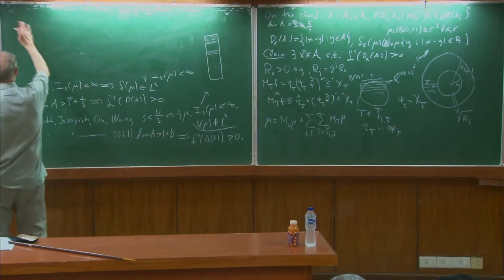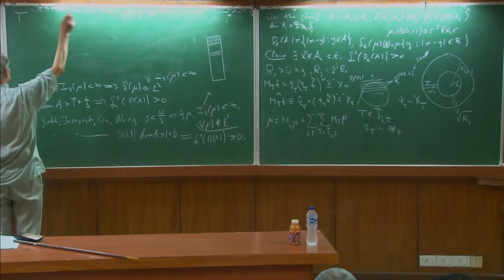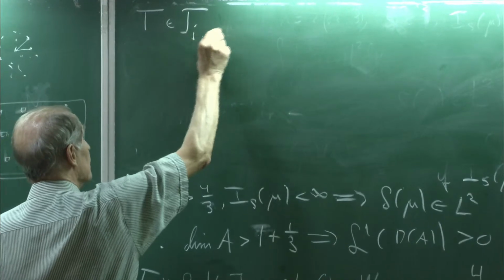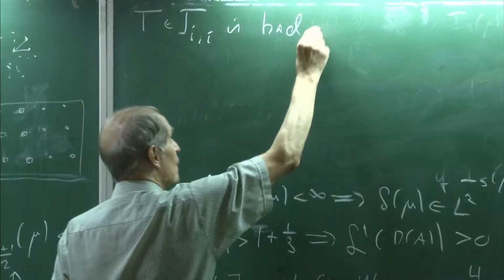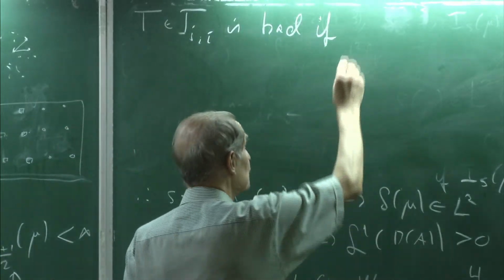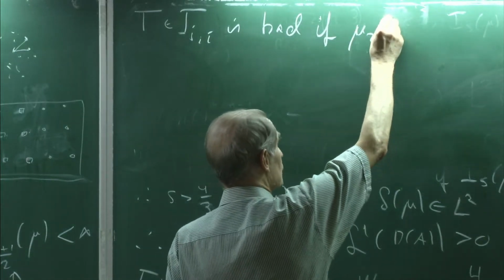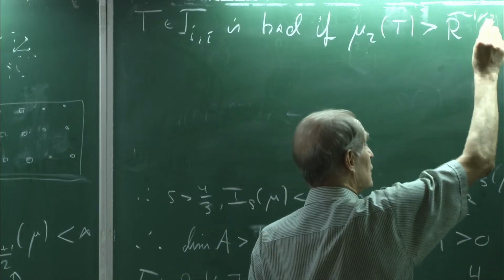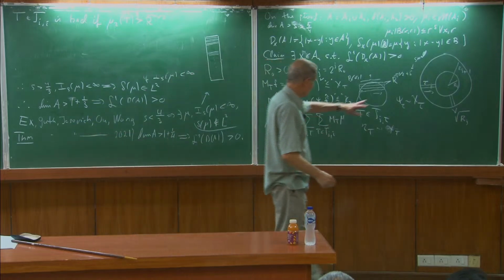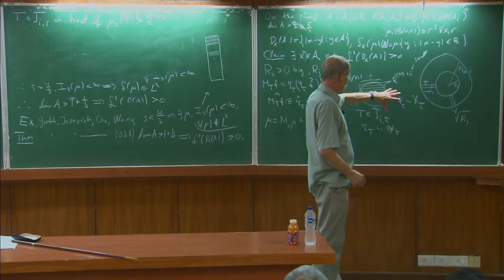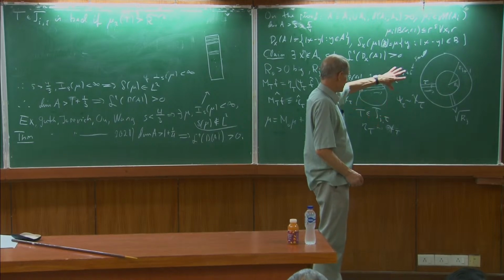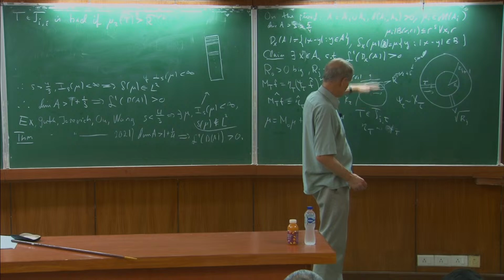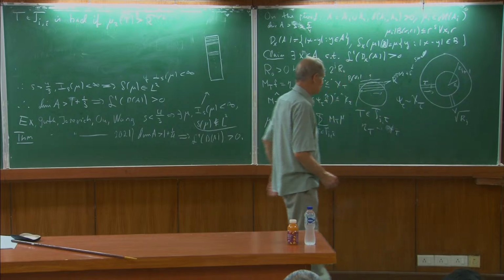And the parts that should be removed is that we say that one of those t's, which is there in dj tau, is bad if it has too much mu2 measure. Mu2 is bigger than r to the minus half. So I add here r to the minus half plus delta, and this is somehow the average measure these rectangles have, because there is the length 1 which they span in this direction.